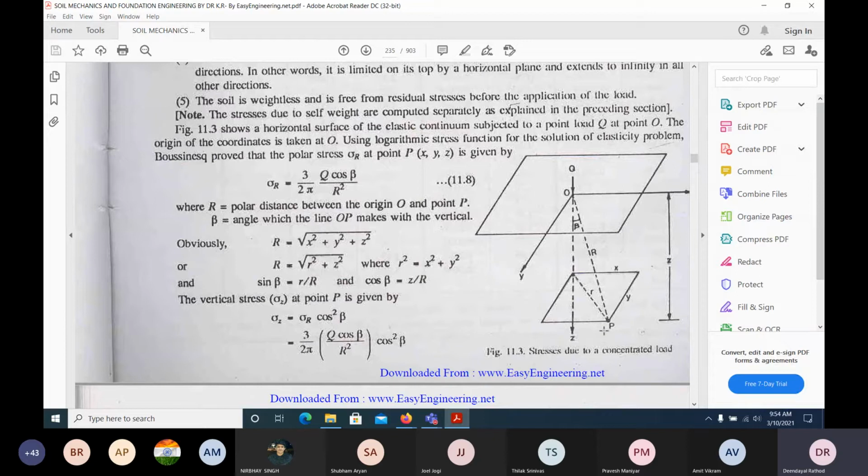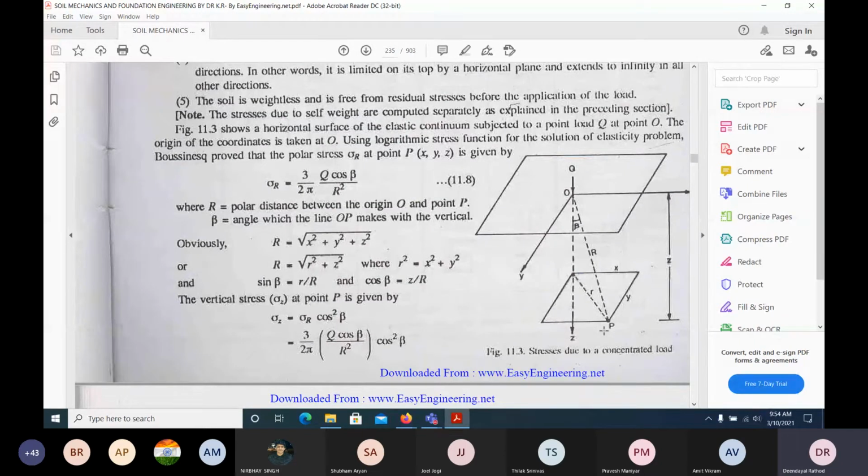Try to understand. Now I'm going to find out the stress due to an applied load. Self weight we have seen, gamma into h. But if you have an applied load Q, which is a point load, then I want to find out the vertical stresses at a depth z below the ground, at a point away from that point load.